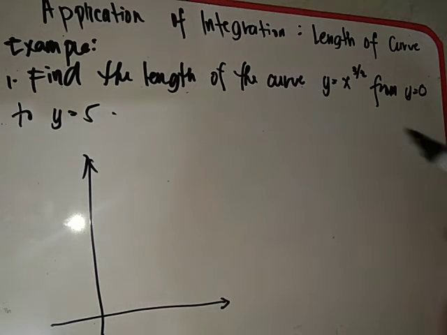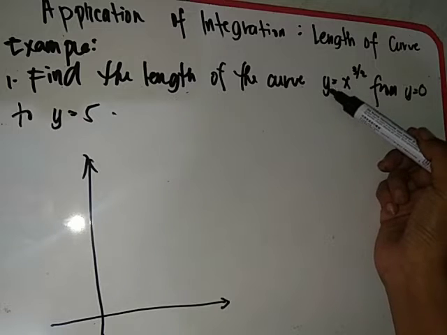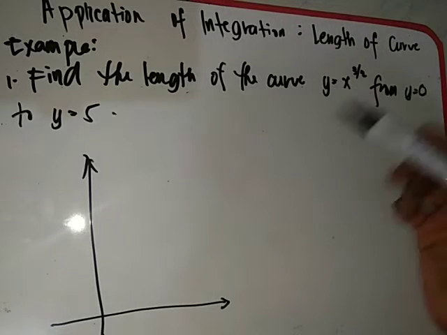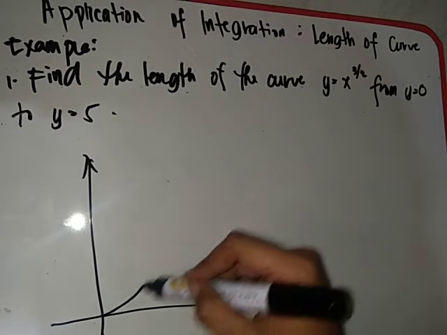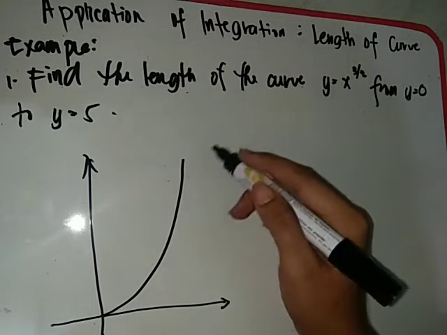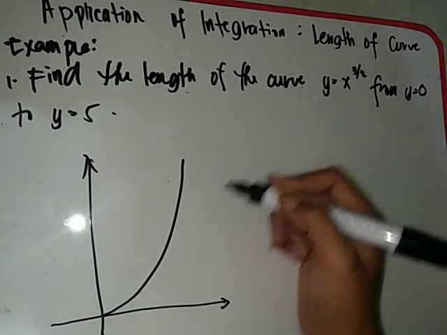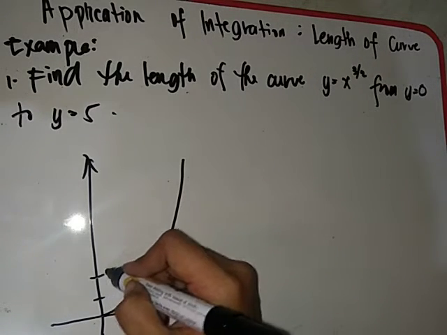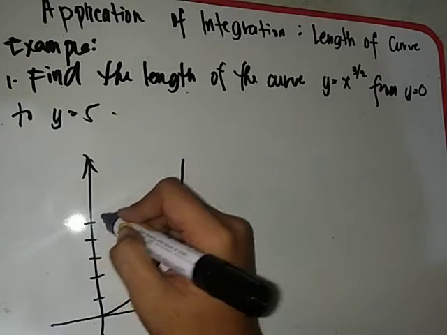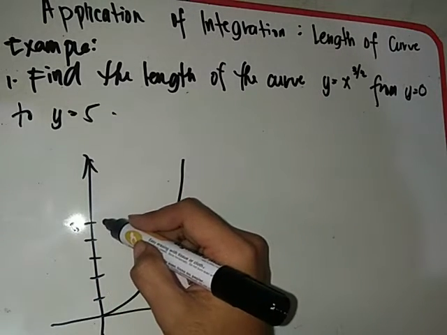The curve y is equal to x raised to 3 halves will look like this. So we have 1, 2, 3, 4, 5.